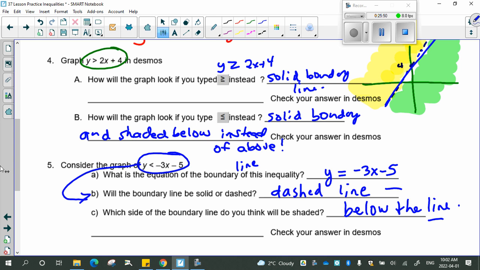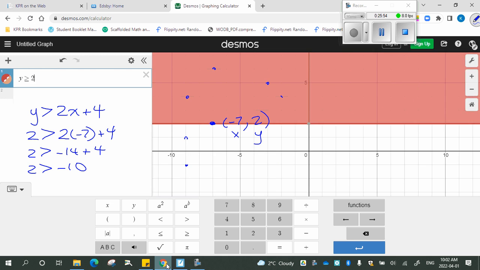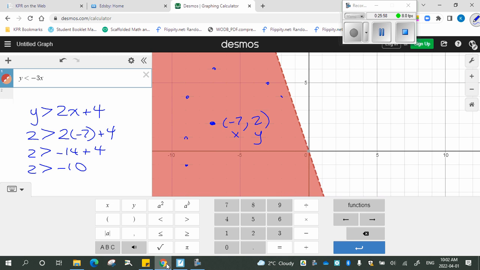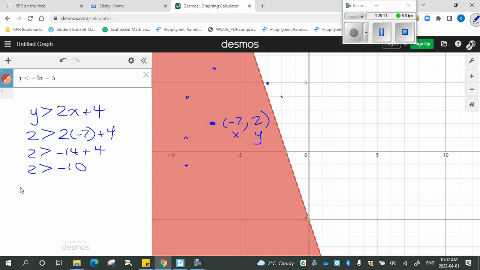So let's check on Desmos here. y is less than negative 3x minus 5. So we have a dashed boundary line, which we expected. That's the line negative 3x minus 5.